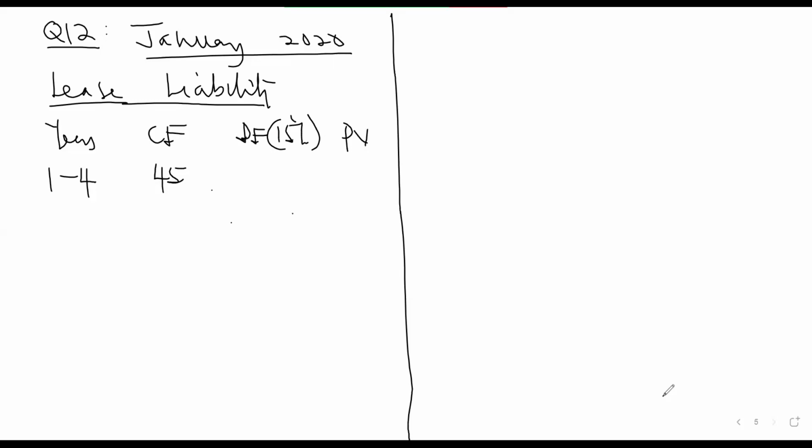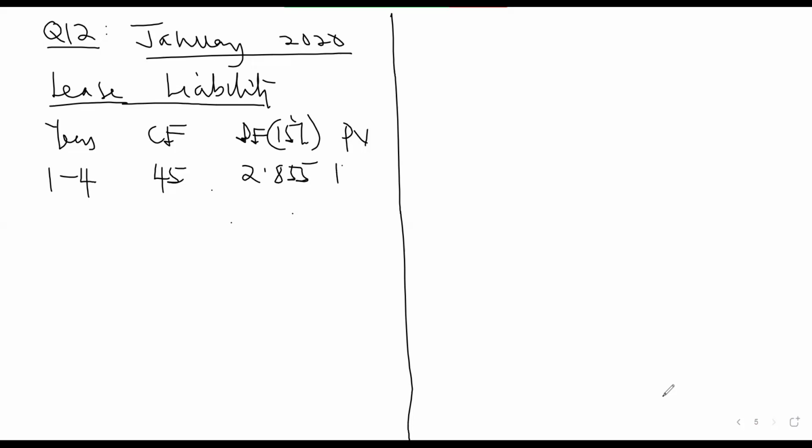Okay. What is the annuity factor for 15% for 4 years? 2.855. Okay, 2.855. What are we having if you multiply? So 128.48.